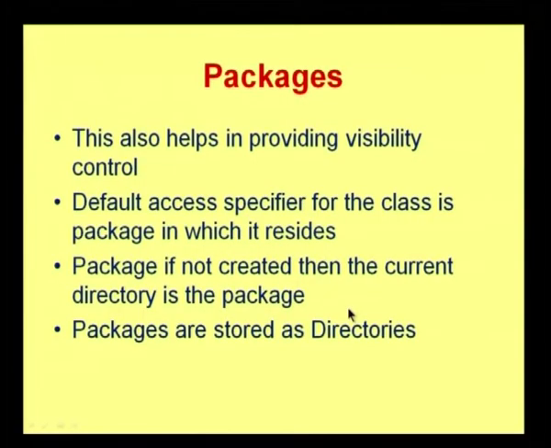All the classes under the same directory, whenever they don't have an access specifier, are accessible within themselves. For example, if I have a class called Employee and a class called Salary, these two classes can be accessed provided they reside in the same directory, that is, without any access specifier being specified.